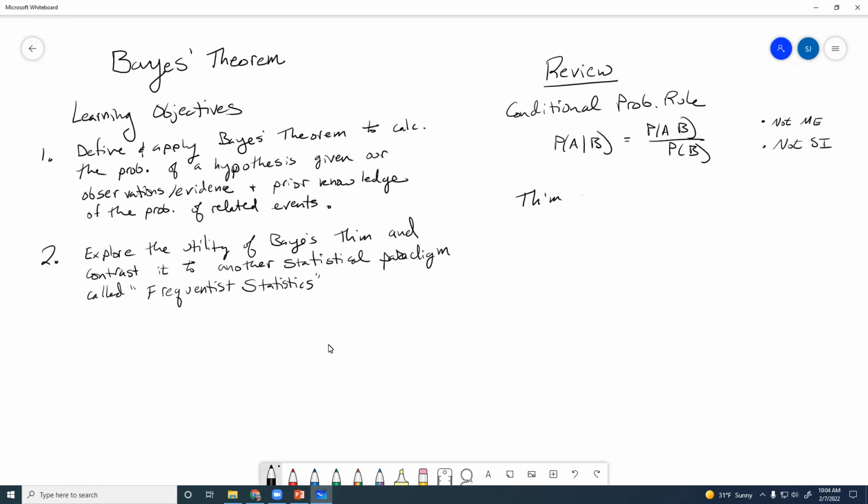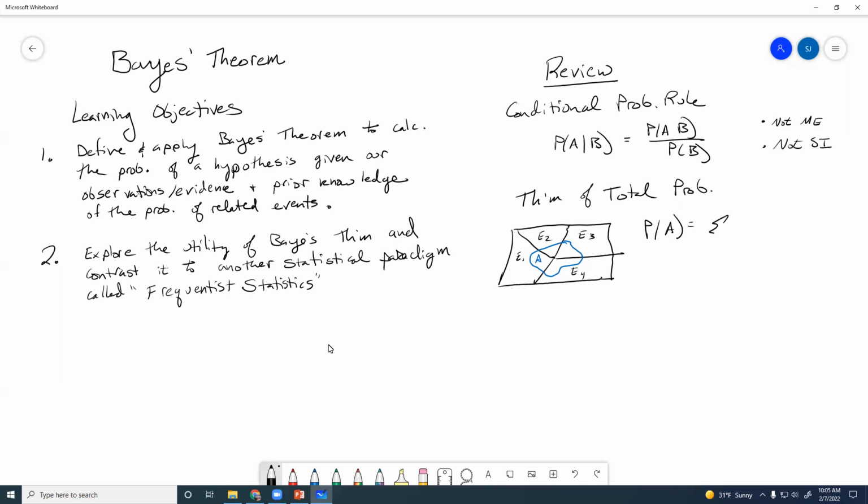And we'll also review the theorem of total probability, which is if we divide a probability space up into all the possible events that can happen, and we define some event that intersects all of these in some way, then the probability of A is equal to all of these intersections, conditional probabilities summed together.